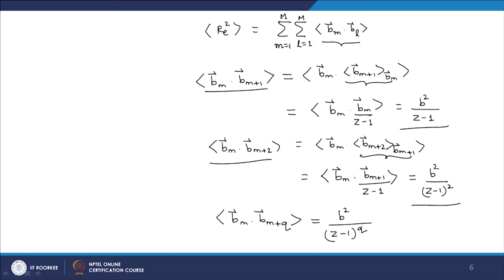Now, let us see how it changes our results. So let's go back to the formula for RE square and see how things change. So now the RE square is the sum over m and sum over L, both going until M, and then it is Bm dot Bl.